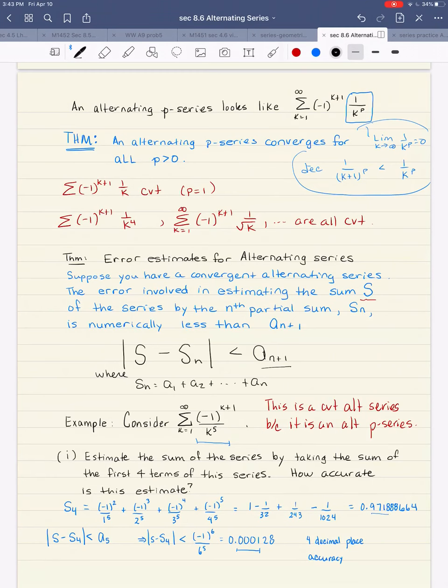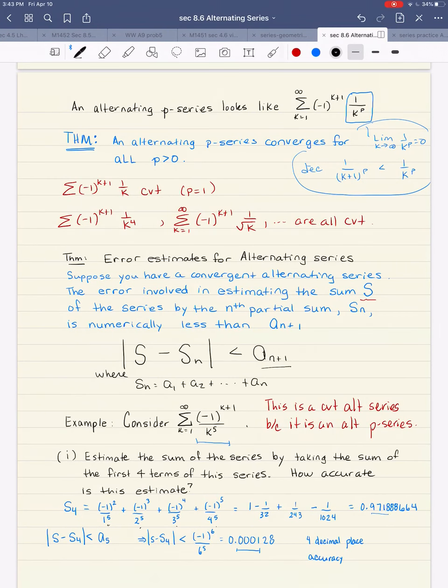So in the next example, I've got an alternating p-series. P is 5. Every alternating p-series converges, so I know it converges. I want to estimate the sum by taking the sum of the first 4 terms, and I want to measure how accurate this is. So I wrote out the first 4 terms. When k is 1, negative 1 squared over 1 to the 5th.